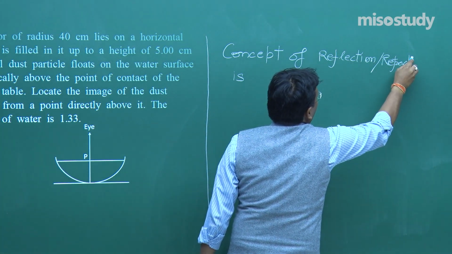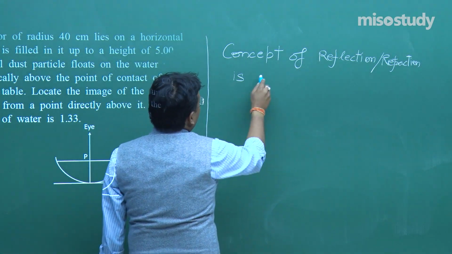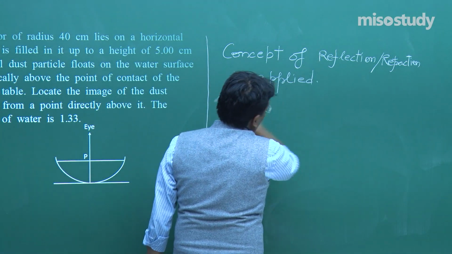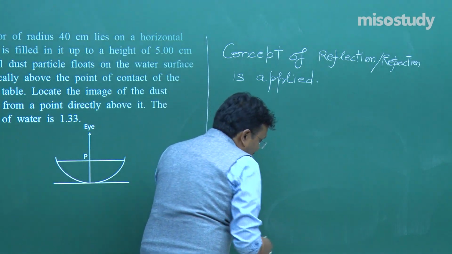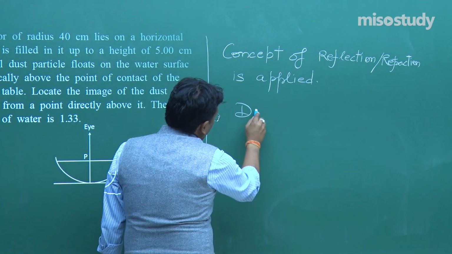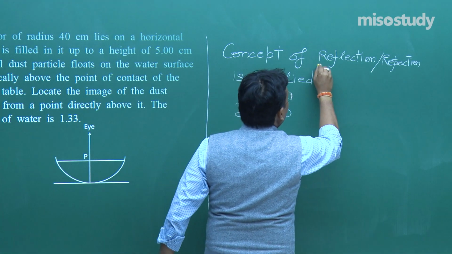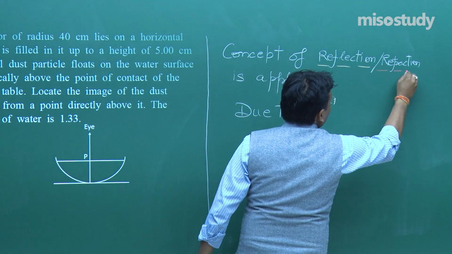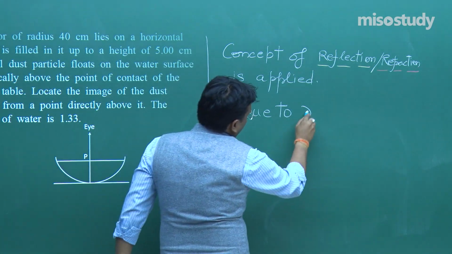Okay, I think now you will definitely enjoy. Concept of reflection is applied. For the detailed solution, you have that option of taking a look at our ebook. So over here simply due to, and your catch word is, then this yellow and red line. Due to refraction.